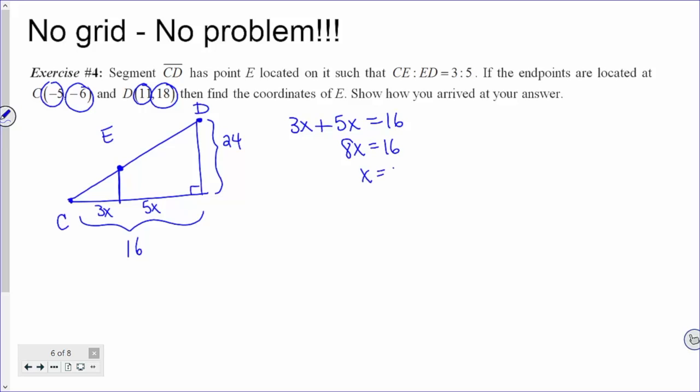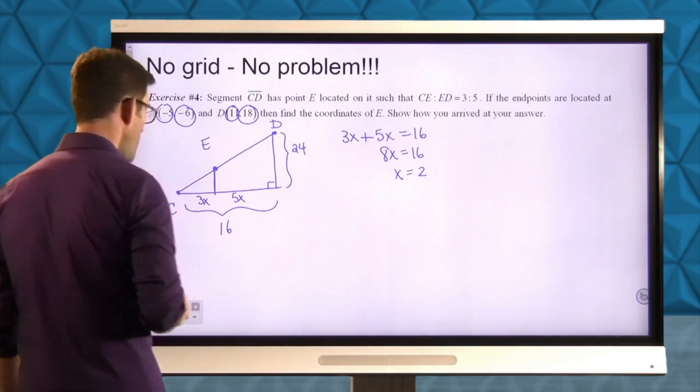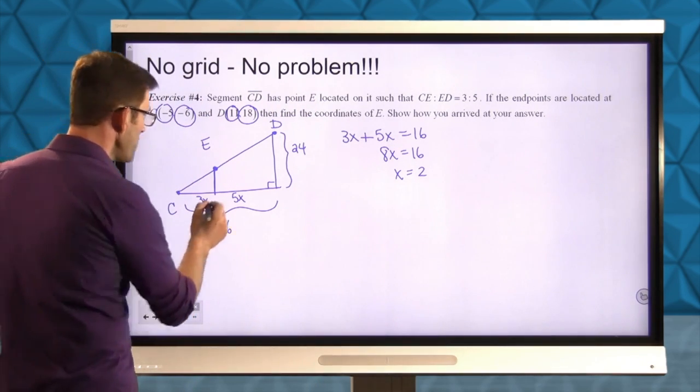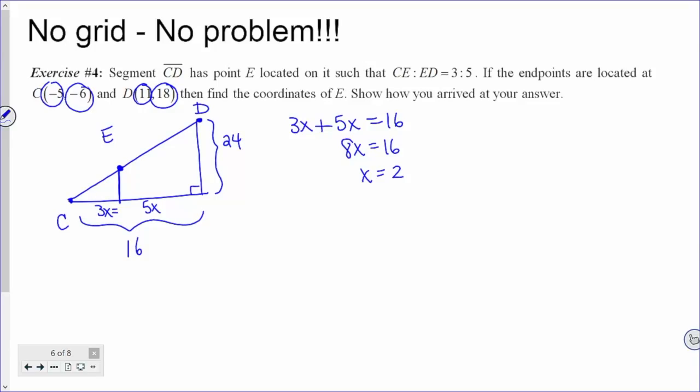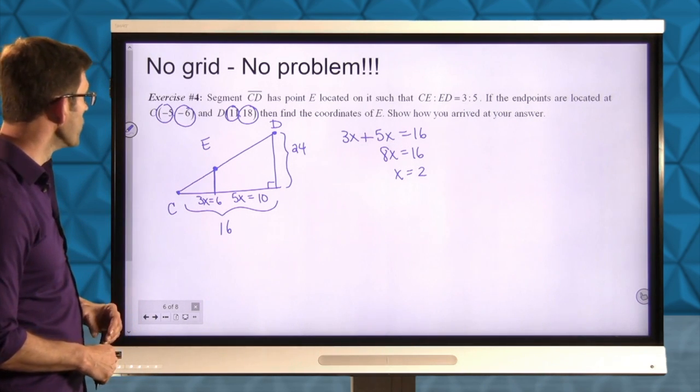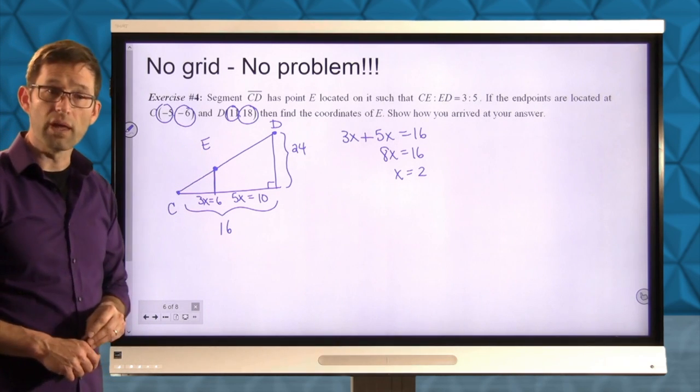And x is equal to 2. All right? So far so good. So what does that mean? That means that this is going to be 6, and this is going to be 10, right?